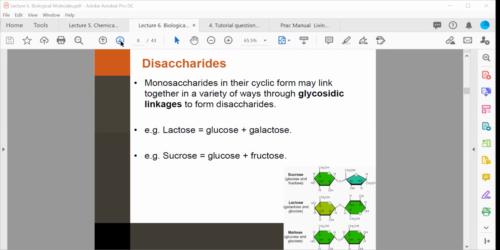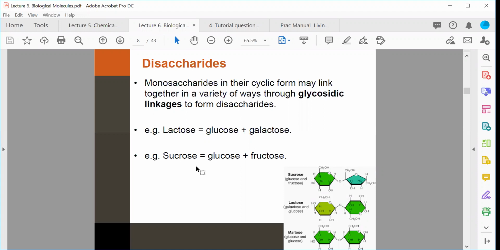All right, sucrose. So sucrose tends to be the major transport carbohydrate in plants. The major type of carbohydrate that's transported through plants. Can anyone hazard a guess as to why this is the case? Why would plants not just transport glucose?